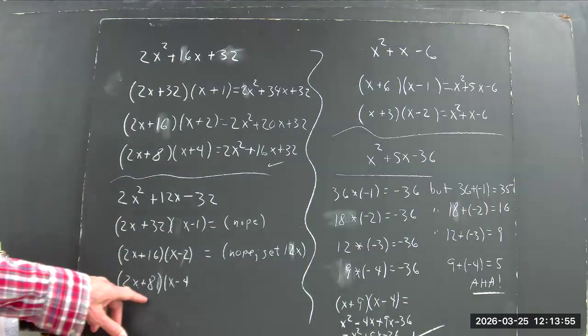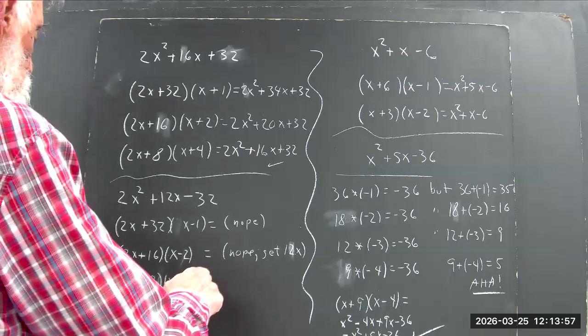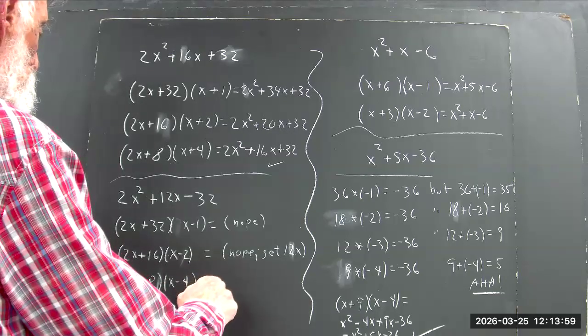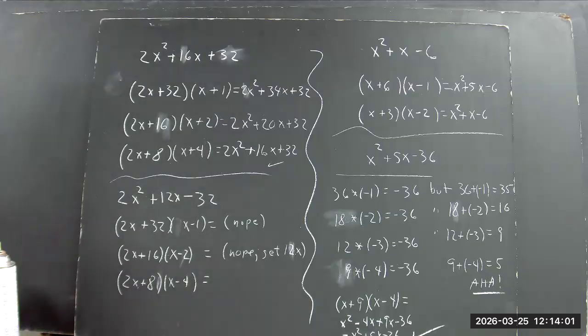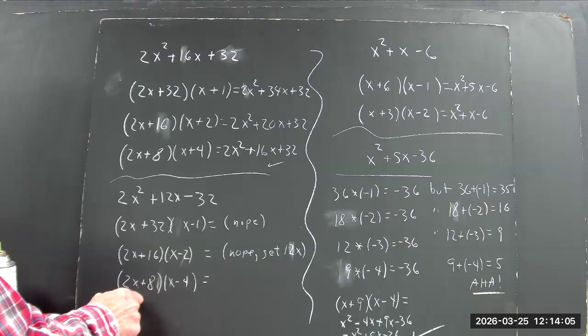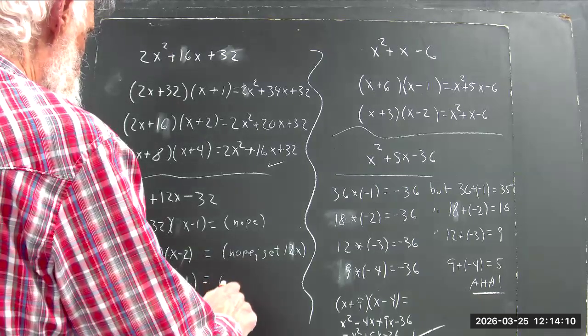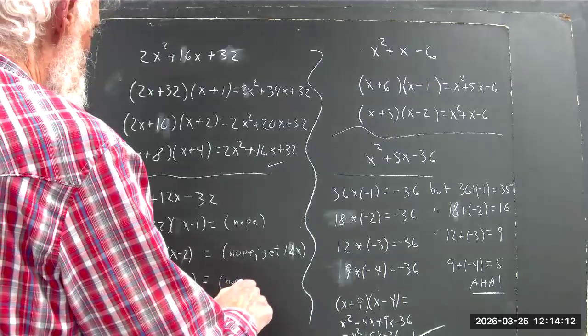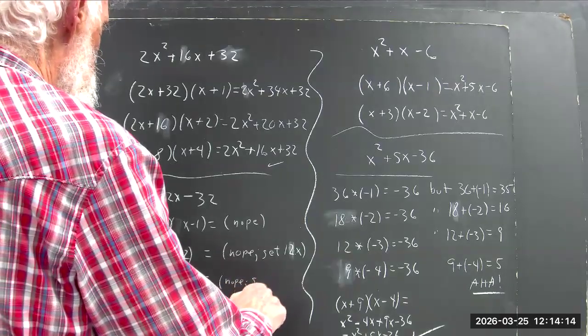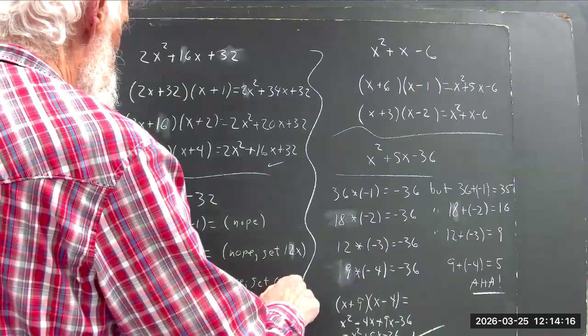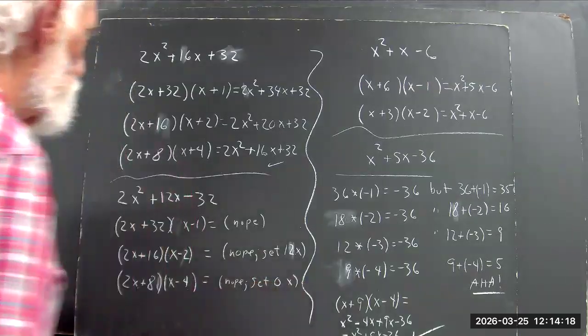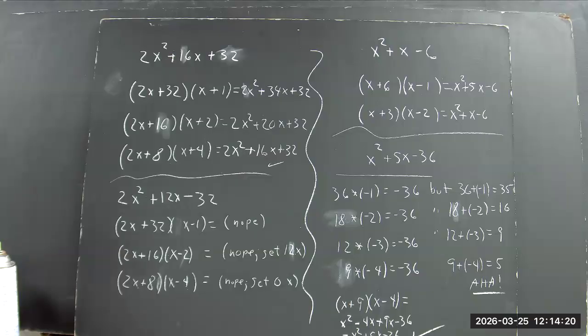Okay, now if we do 2x plus 8 times x minus 4, what's that equal? Well, 8 times x is 8x. Negative 4 times 2x is negative 8x. I'm going to say, no, we get 0x.